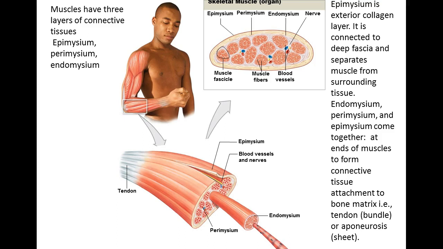On top of the muscle you're going to have a layer of fat, then the dermis, then the epidermis. Now, I'm sure I've left a couple of layers out, but you have in your head where we're going with this. And then the endomysium and perimysium and the epimysium come together at the end to form those tendons, as I said.